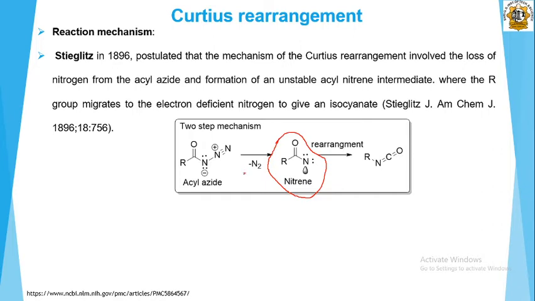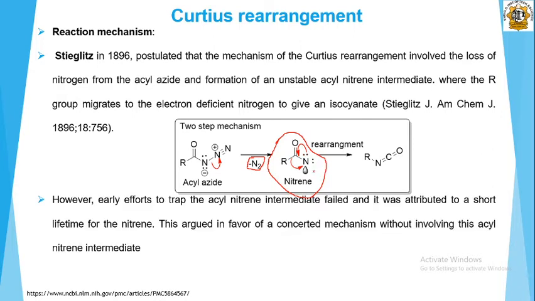What was that? Actually, when this acyl azide is heated, the nitrogen gas, N2, gets out, and you will get an intermediate like a carbene, that is a nitrene, with a lone pair on nitrogen. When electrons go to this carbon, this bond, it becomes positively charged.